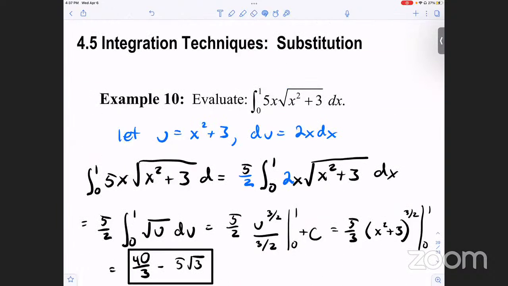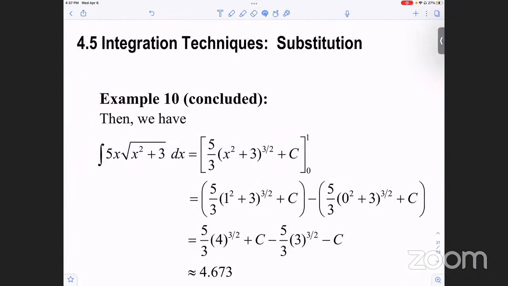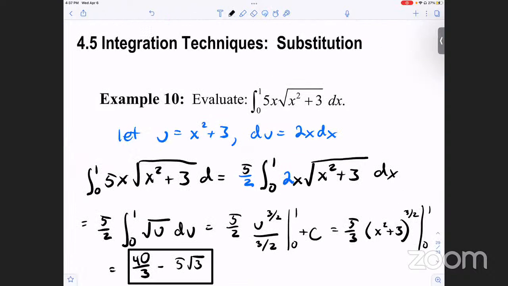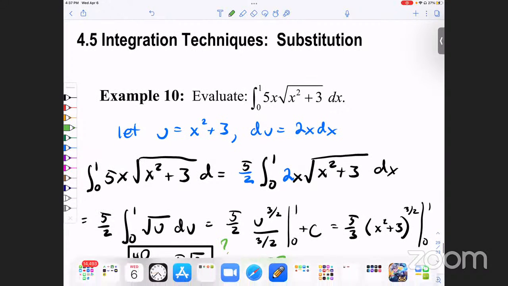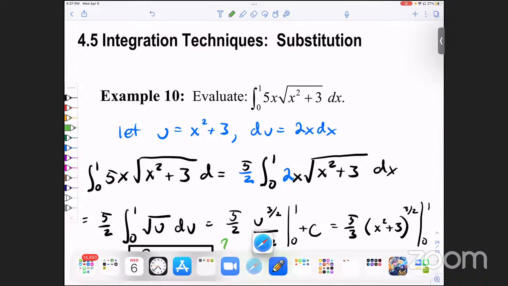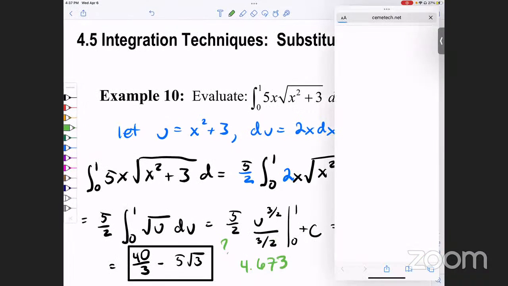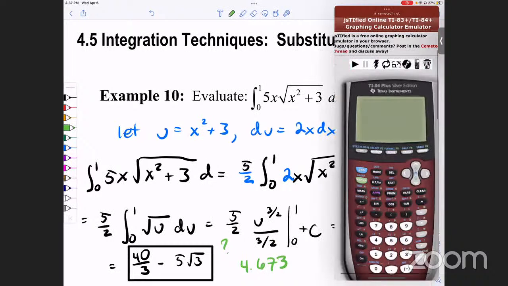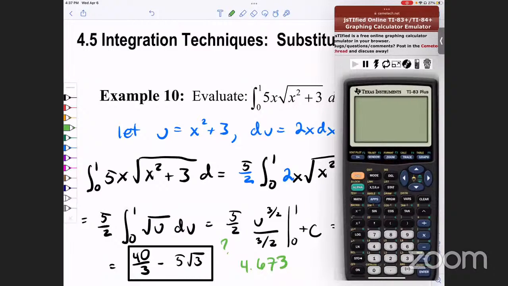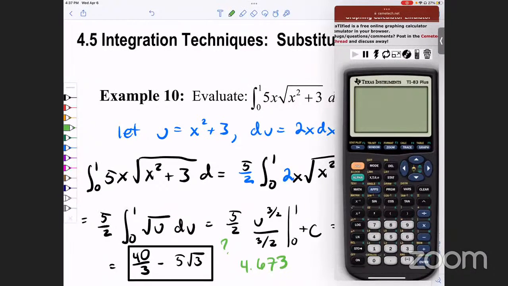I'm going to use my calculator. 40 divided by 3 minus 5 times the square root of 3.